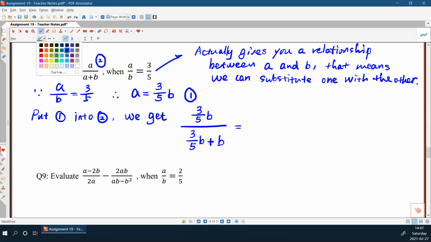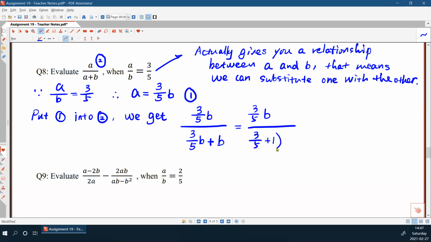But to make it more clear for you, let's convert the denominator to a factored form. Remember that if you want to cancel anything, you need to change everything into factored form, right? In the denominator, B is a common factor, so let's put B outside the brackets. In this way, we can cancel a B here.